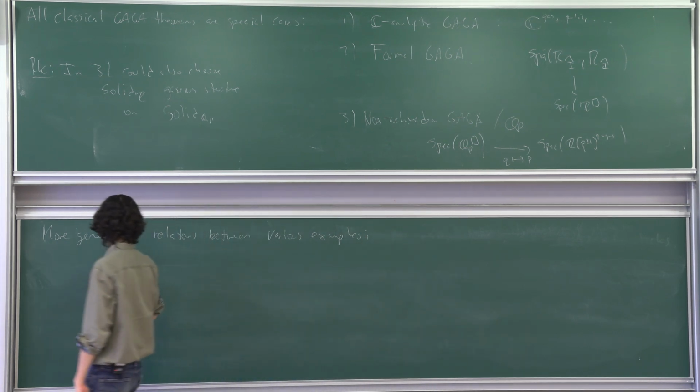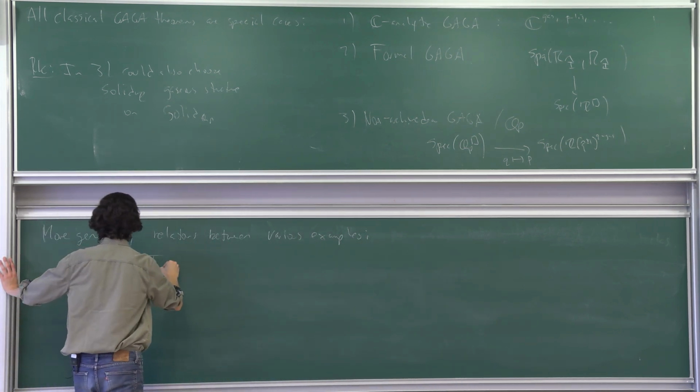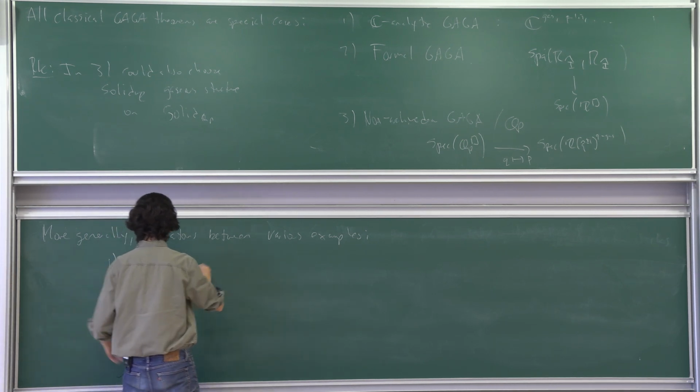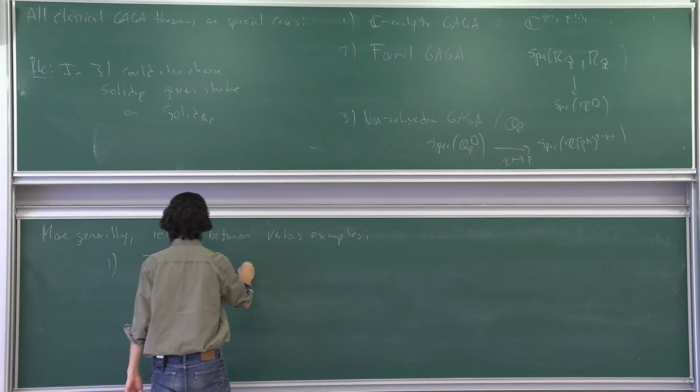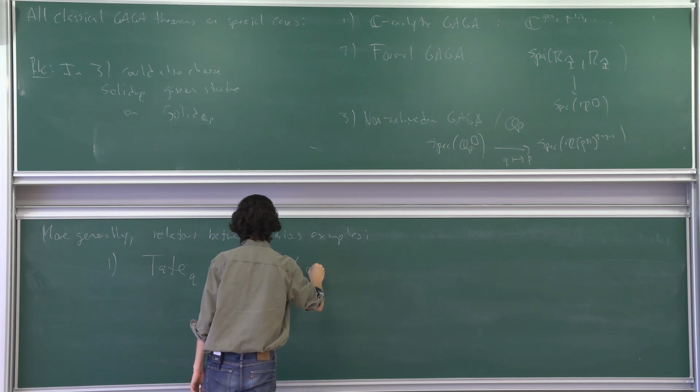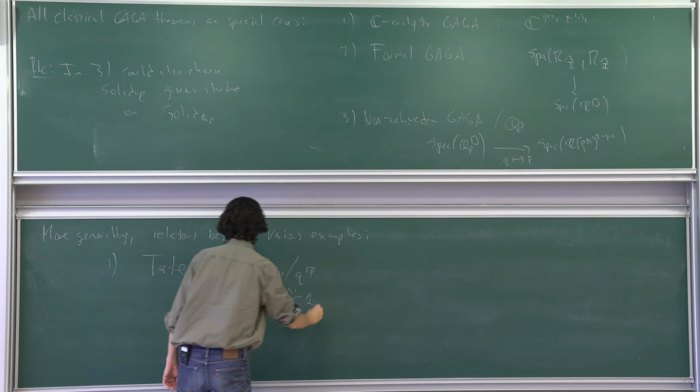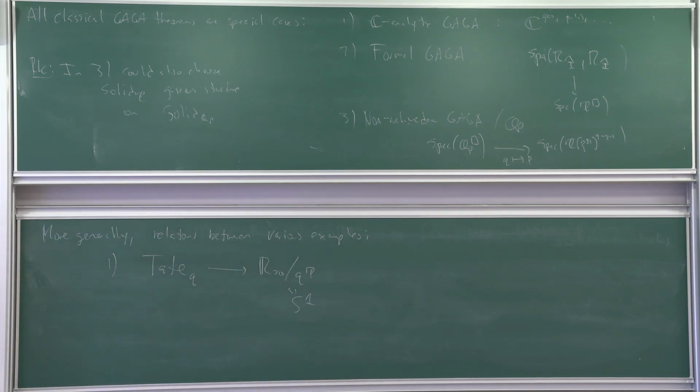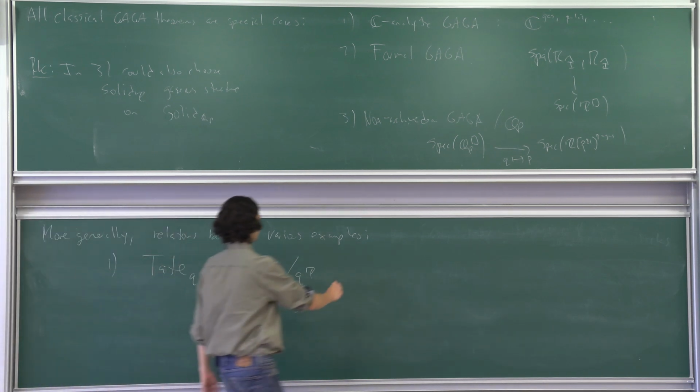So already in Peter's talk, he had this map from the Tate curve with parameter q to the topological circle. And we want this to make sense as a map of analytic stacks.